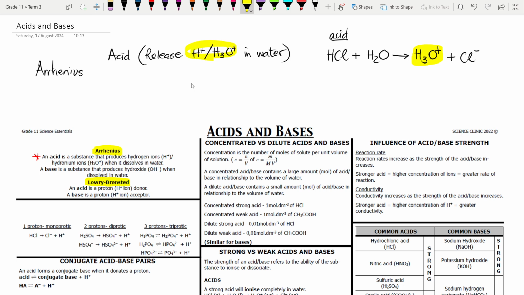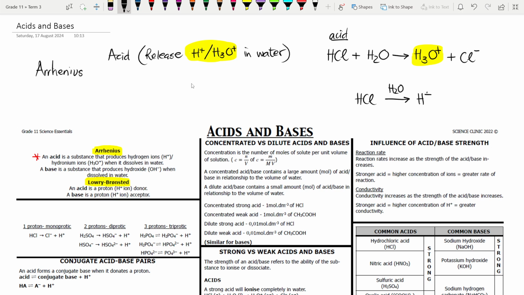But what about the idea behind the H plus? That one is still the same kind of reaction, but this time around we don't really show the water as a reactant. We just show that the acid is passed through the water. Then you can just show water on top of the arrow, and in the product side you show how the acid will actually dissociate.